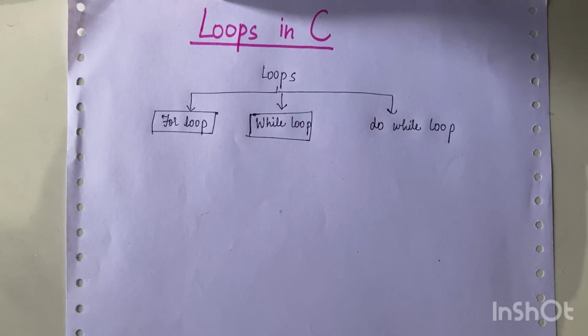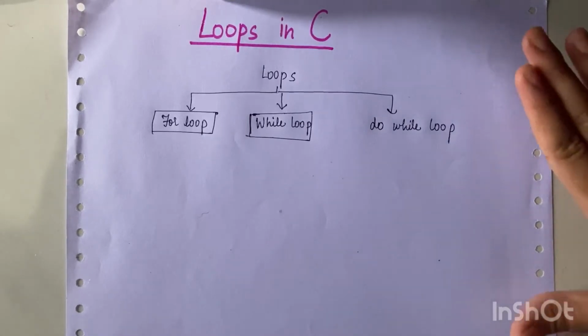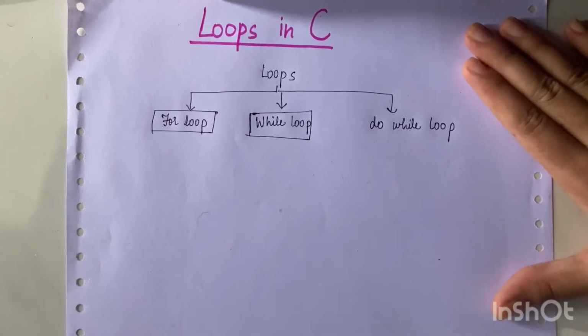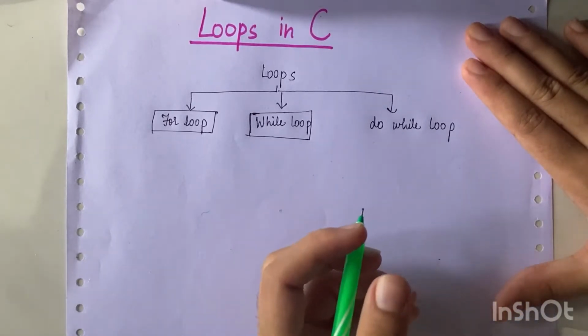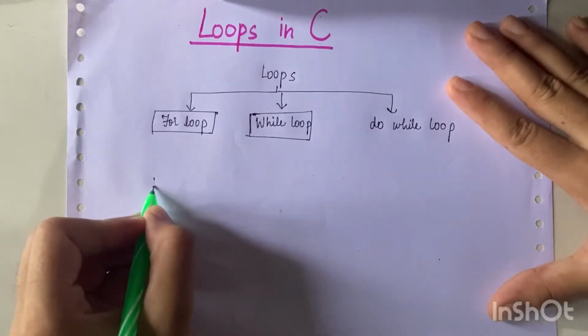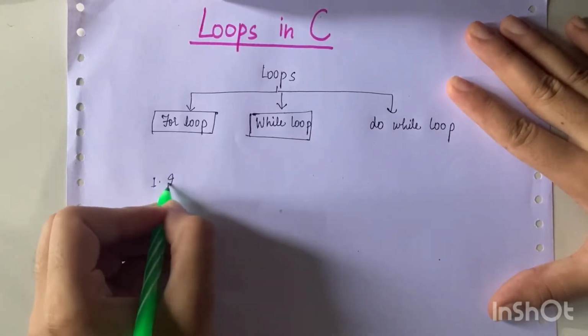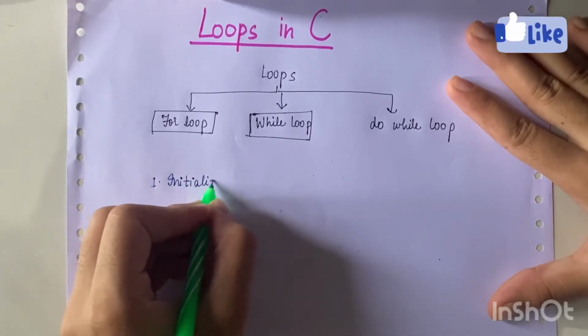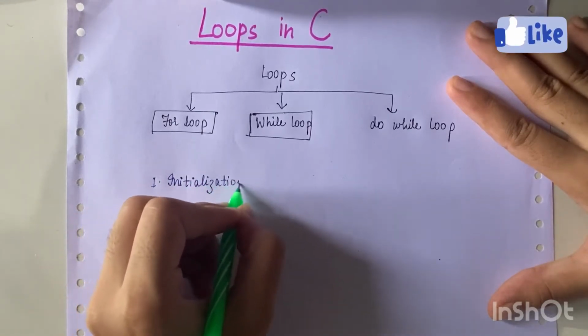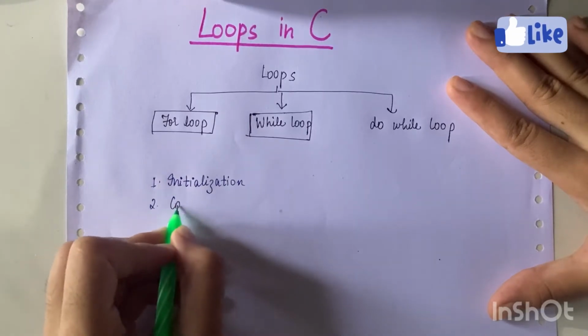So now we will discuss the syntax of for loop. Before that, we have to know what a loop consists of. So we know that a loop consists of 4 things. First is the initialization. The second is the condition.